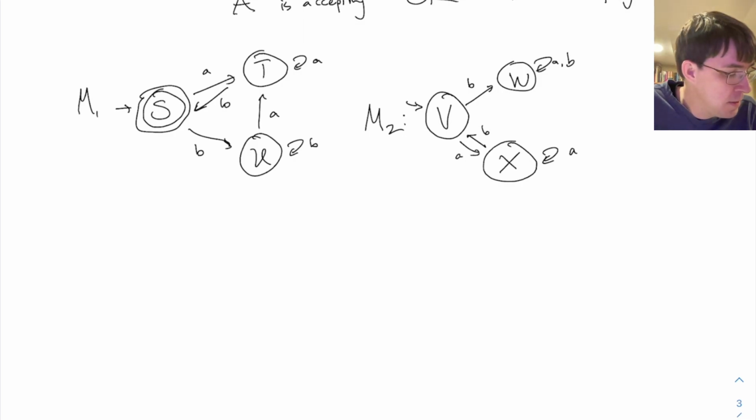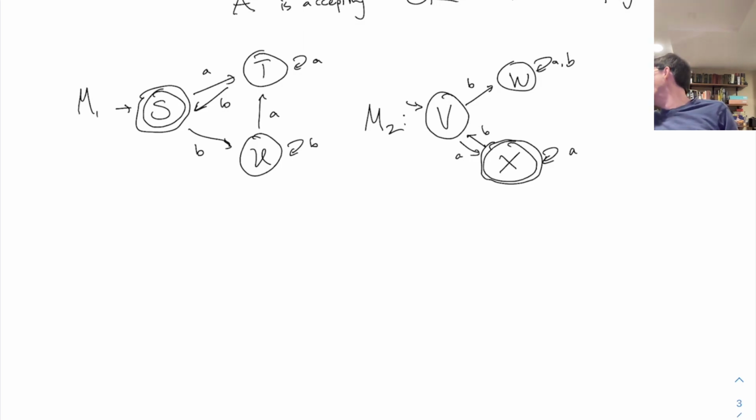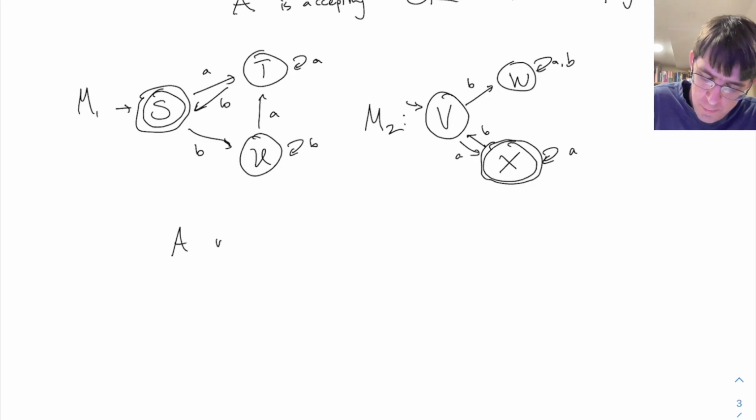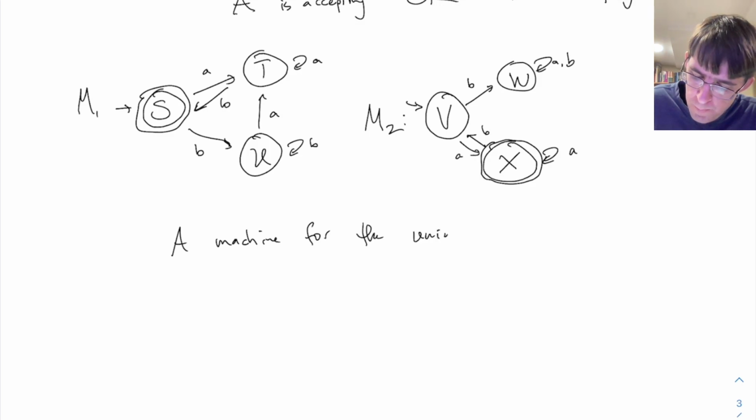And the accepting states are just X here. All right. I think this is what I wanted. Okay? So let's make a machine for the union. All right.